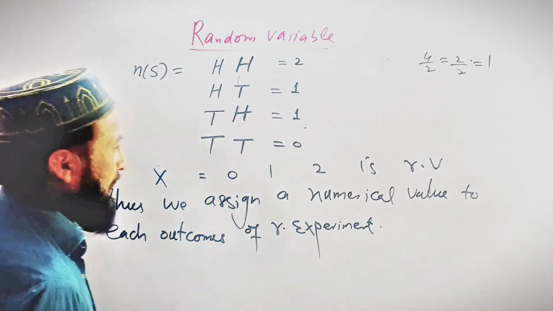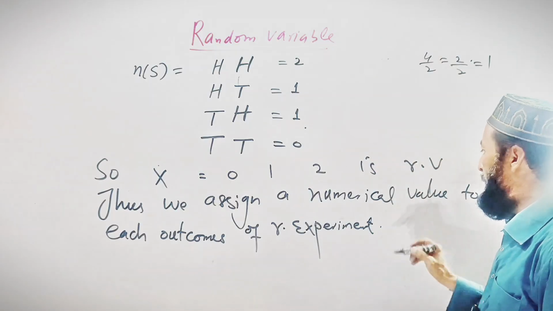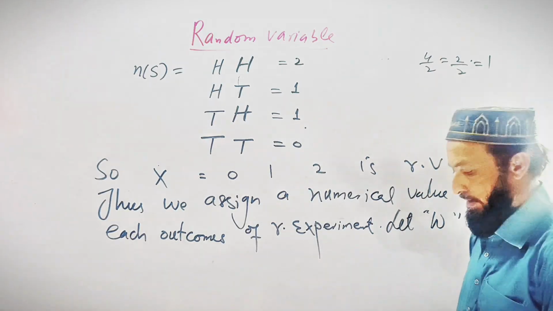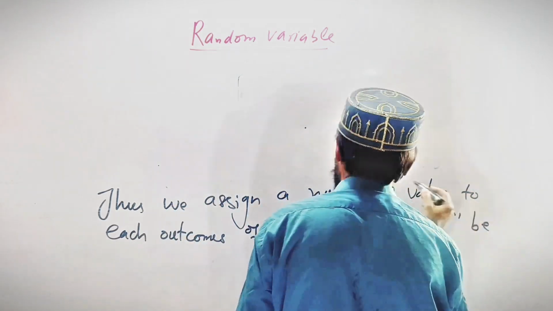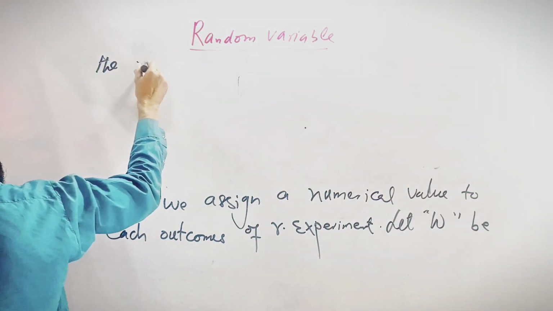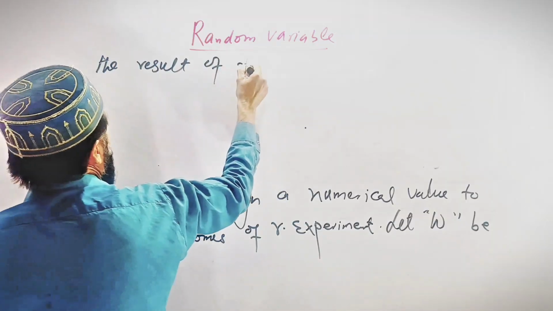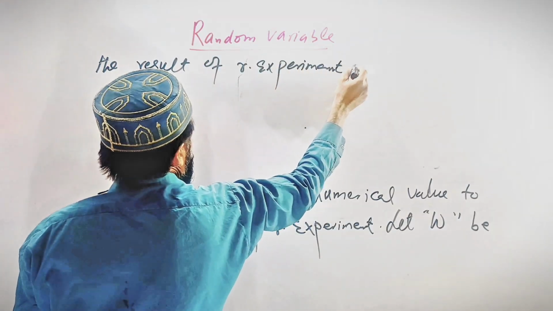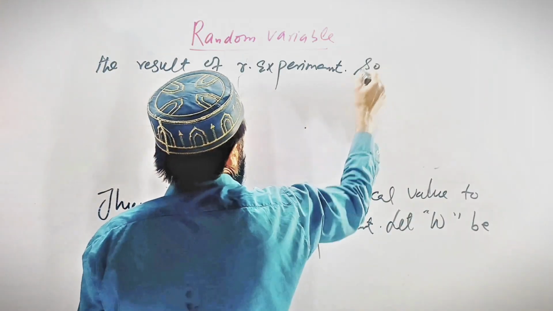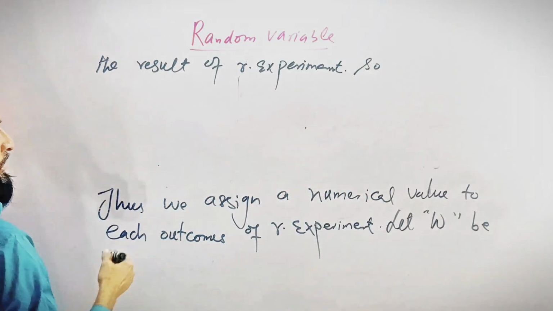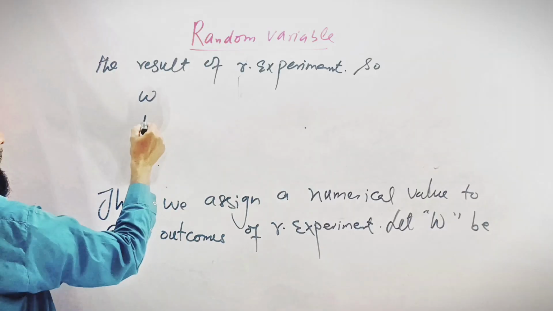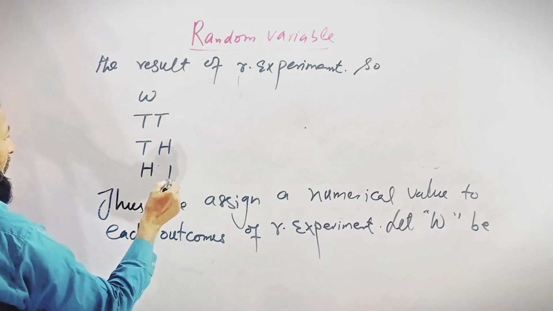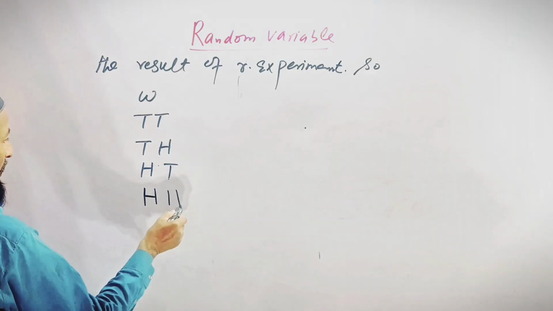Let W be the result of a random experiment. So W we can write here: TT, TH, HT, and HH.